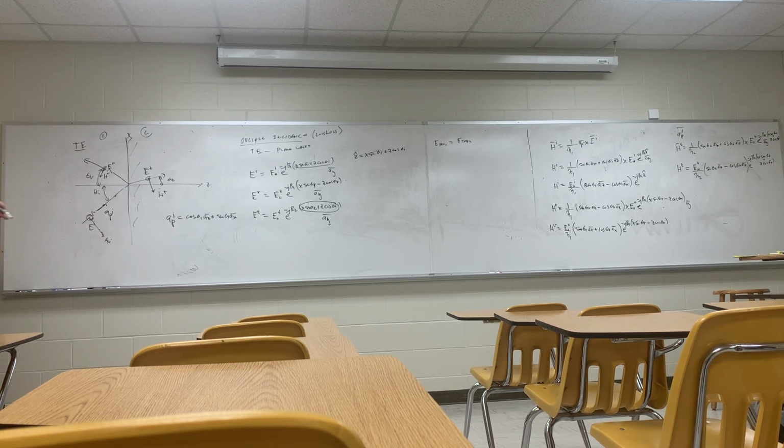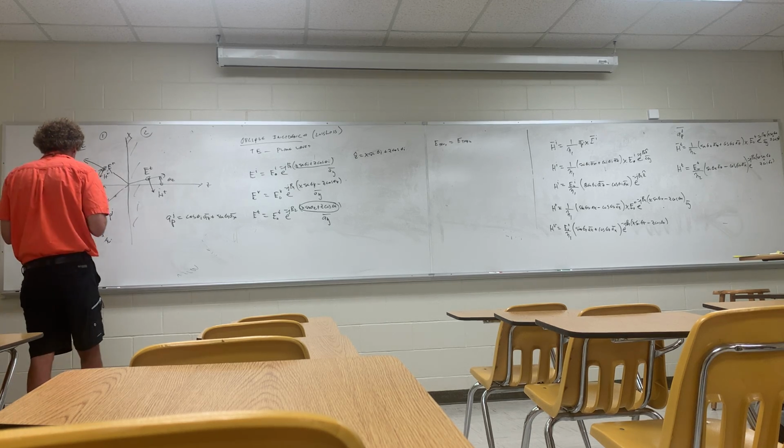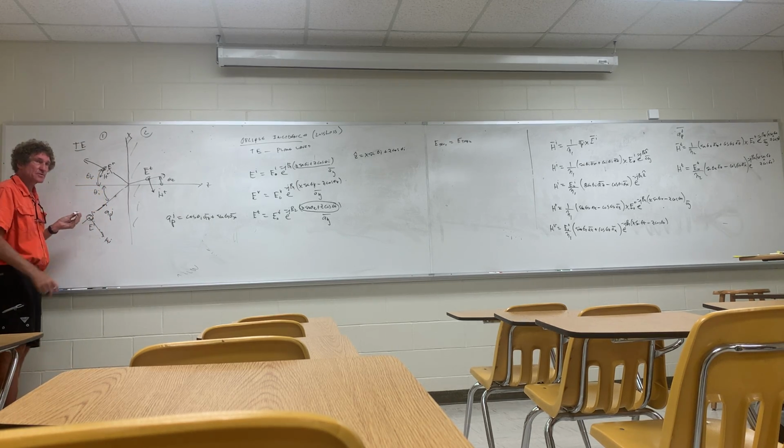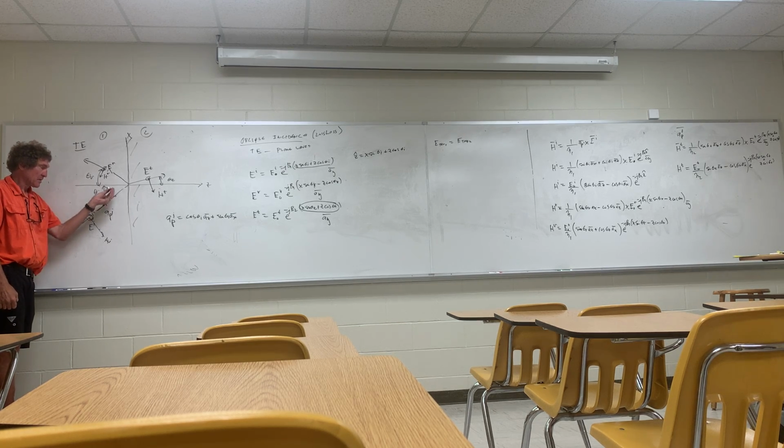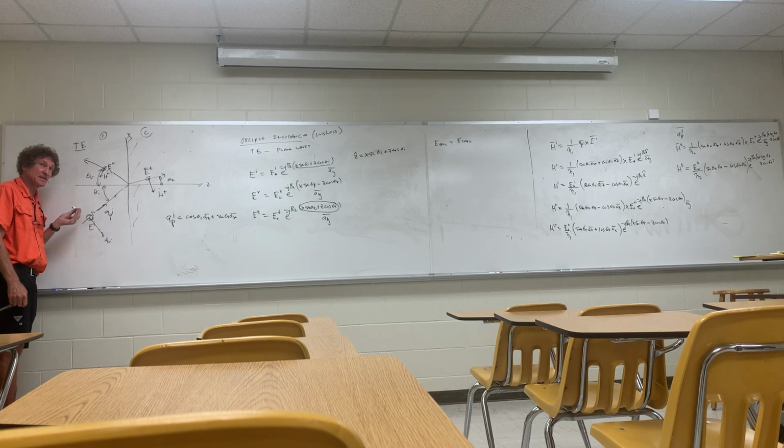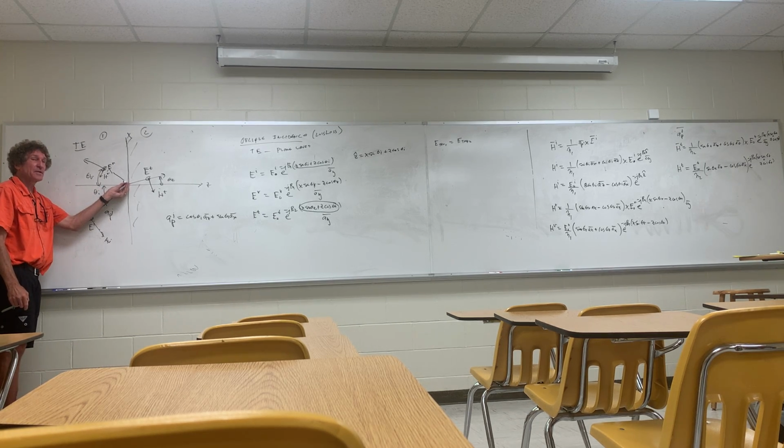So when we look at E tan 1 is E tan 2, when we have TE, or transverse electric, or perpendicular polarization, just leave this as TE, transverse electric. That means the electric field is perpendicular to the plane it's traveling in. When it hits, the entire electric field on one side is parallel, or in the plane, tangent to the entire electric field on the other side.